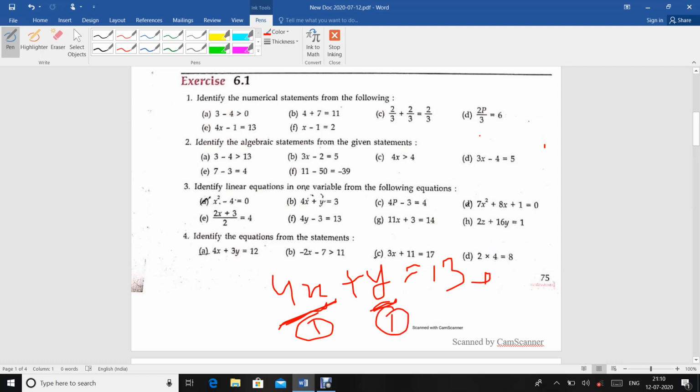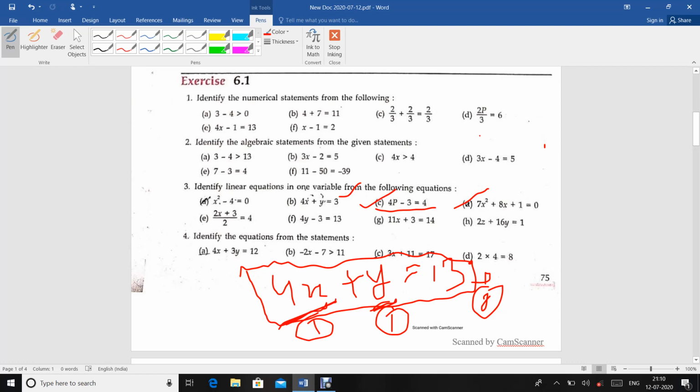For 13, the degree is 0 because no variable is present. So the degree of this whole algebraic expression is 1 because the highest degree is 1. If the degree is 1, then it is a linear equation in one variable. In this equation also the degree is 1, so this is also a linear equation in one variable. Next is 7x square.